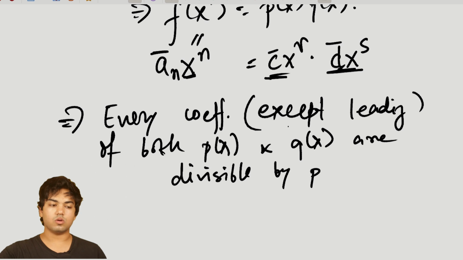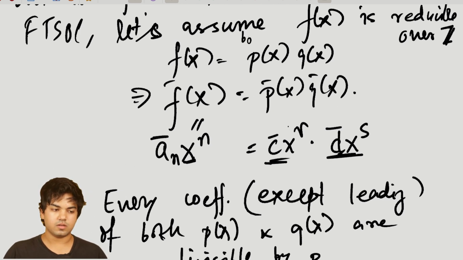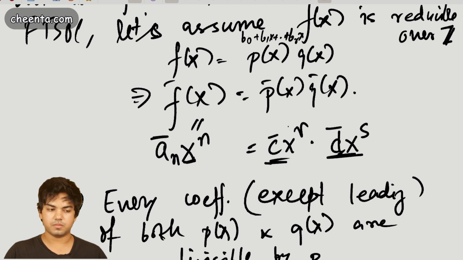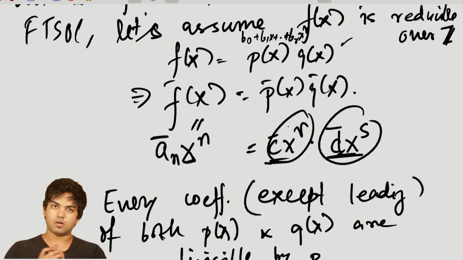Right? If p(x) and q(x) originally were some polynomials, say b0 plus b1 x plus and so on up to br x to the power r, and this is the same thing. Since after reducing they look like this, all of the other coefficients must be divisible by p.